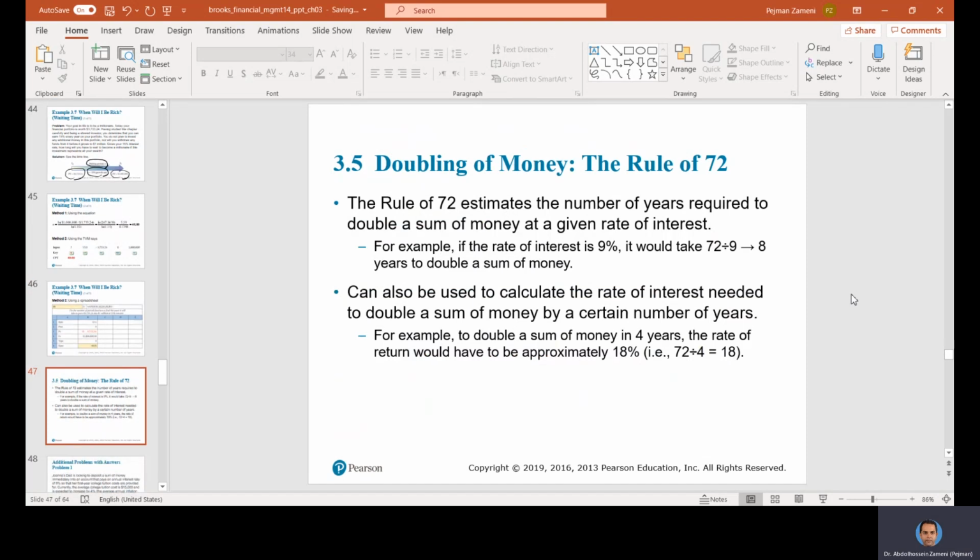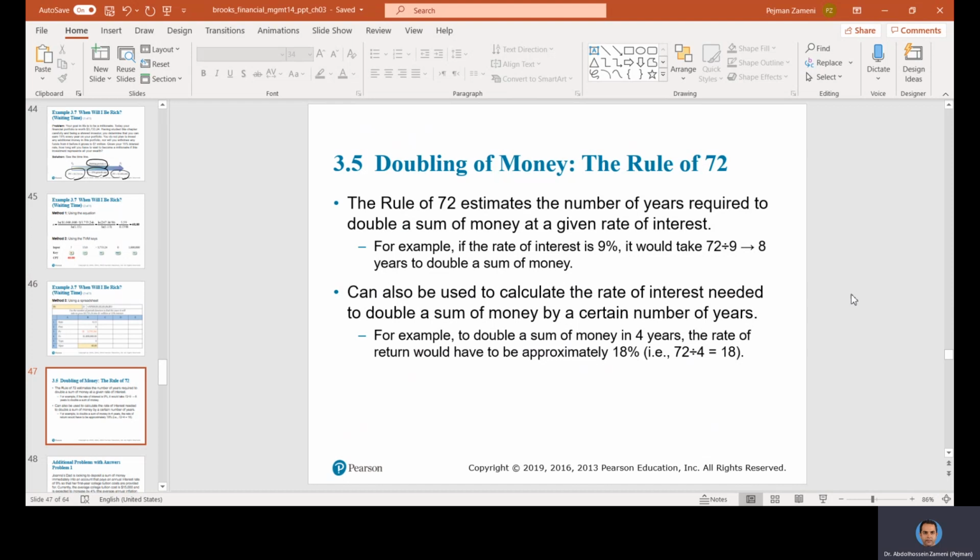Okay, there is a rule, they call it the doubling of money, which is actually a shortcut. They call it the rule of 72. For example, if you have 100 ringgit and you want to double it, to make it 200 ringgit, with a particular interest rate, then you can calculate how long it takes.